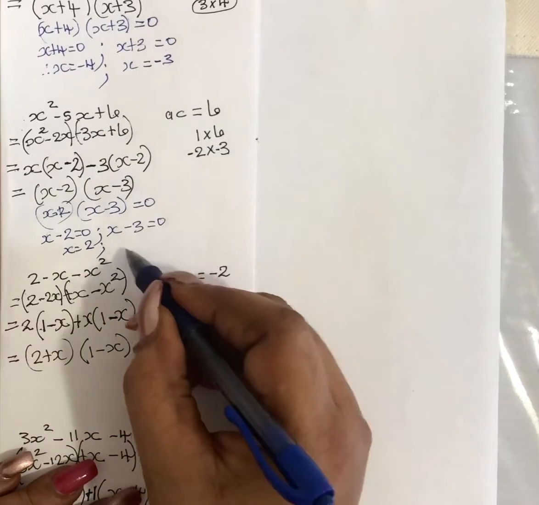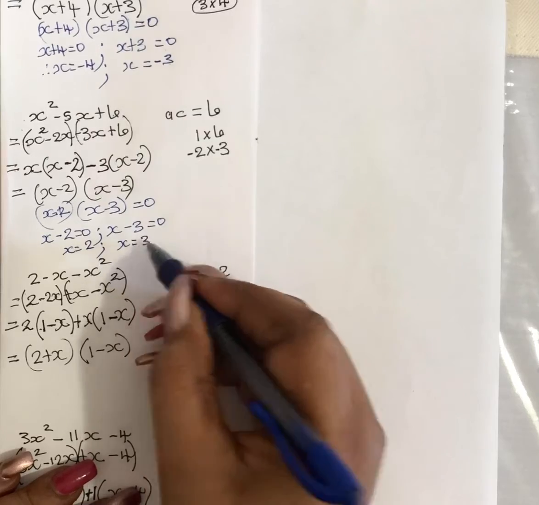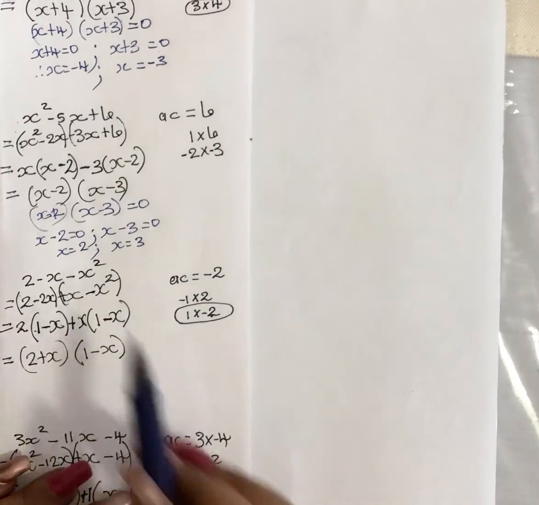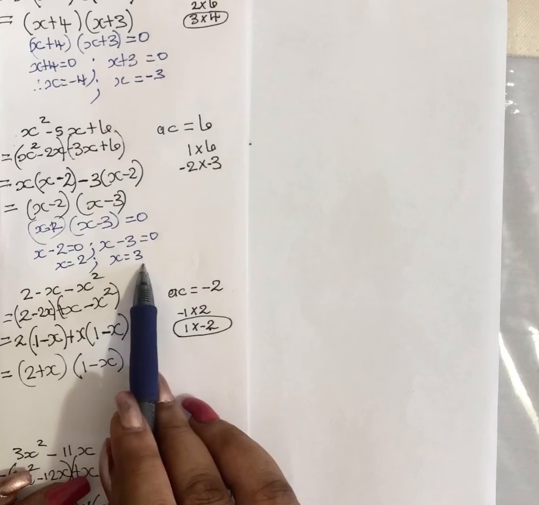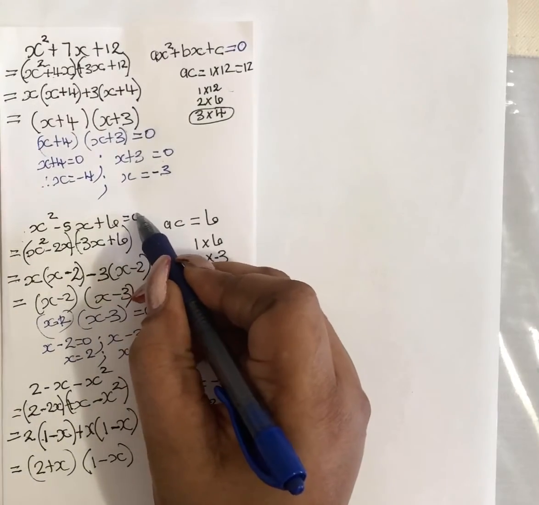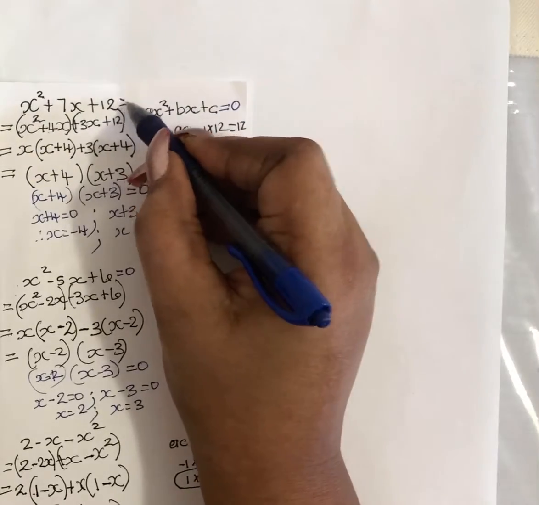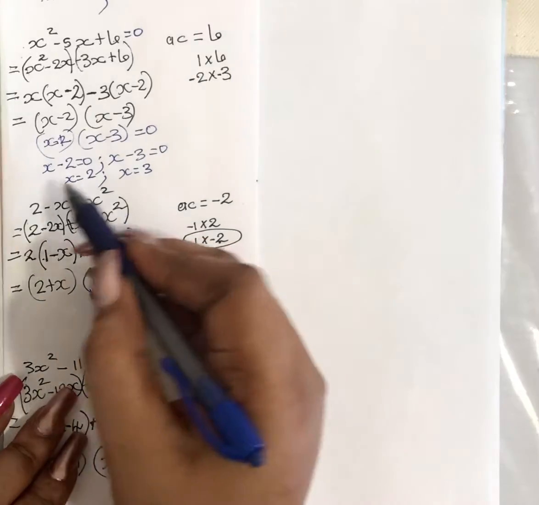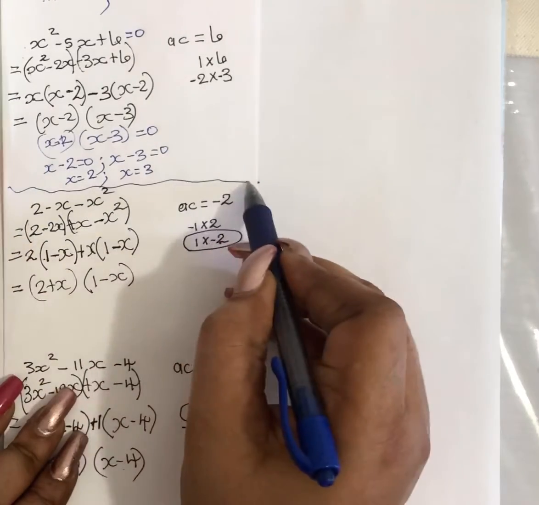And when negative 3 goes across, that will become a positive 3. So having solved this equation, this is what we will get. Of course, now remember, an equation has the equal to 0.